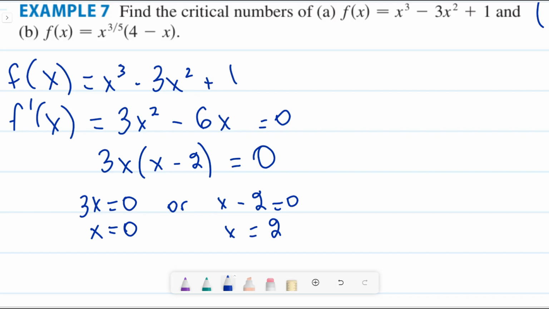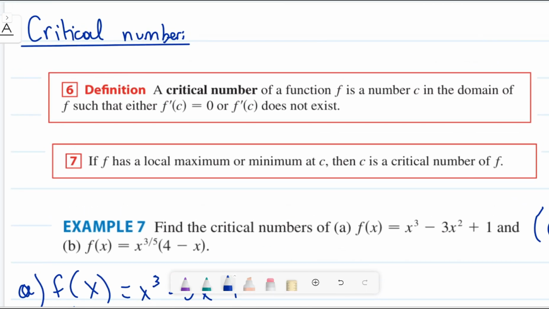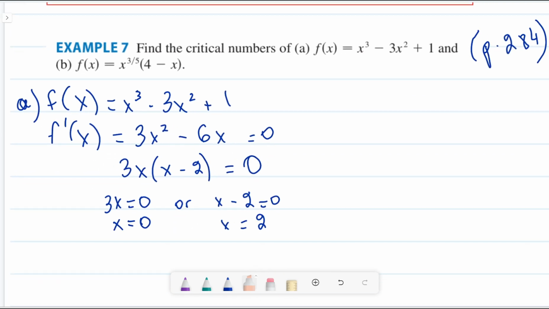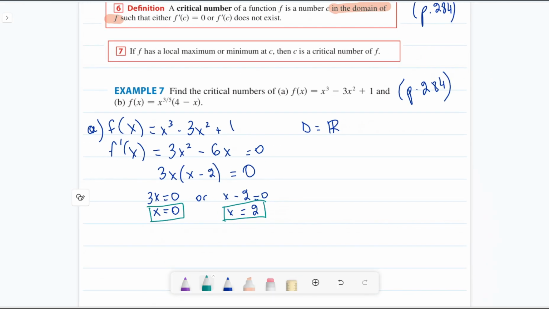It actually is a polynomial, so it exists on all reals. Now, one more thing to notice about the critical numbers is that they have to be in the domain of f. Let's check. What is the domain of f? f is also a polynomial, so the domain is all real numbers. So x equals 0 and x equals 2 are both critical numbers.